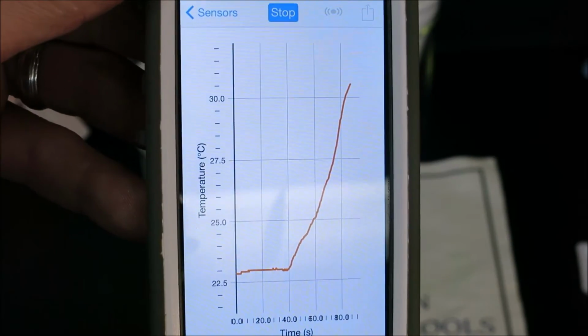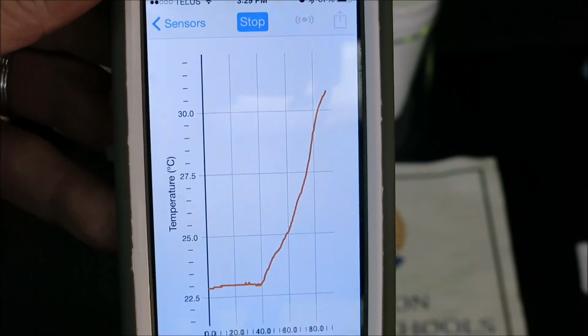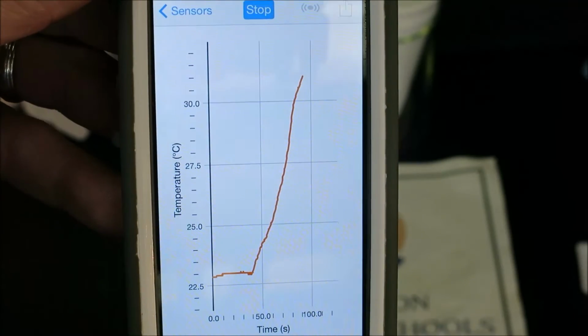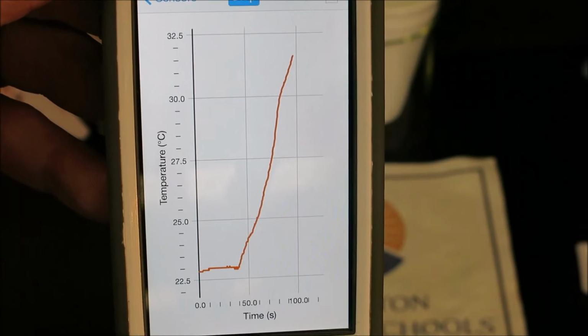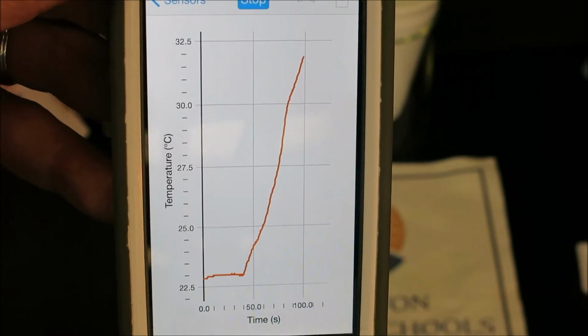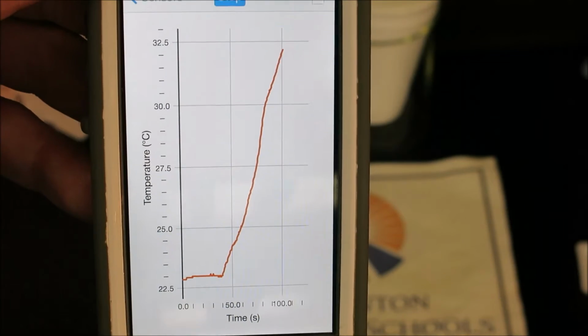So as the reaction begins to slow down, we can start to see the temperature decrease in slope a little bit and begin to slow down its growth rate.